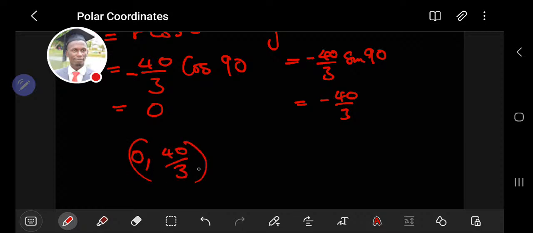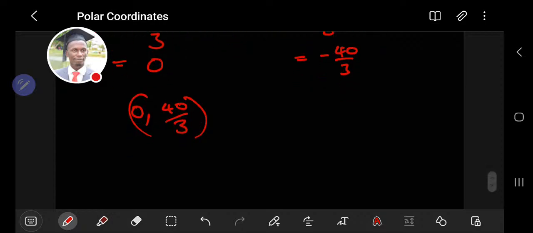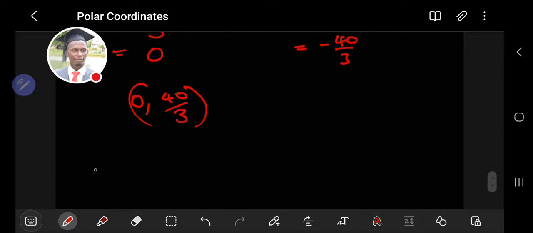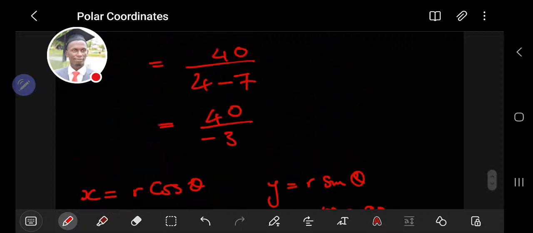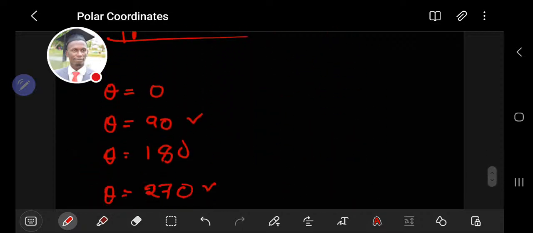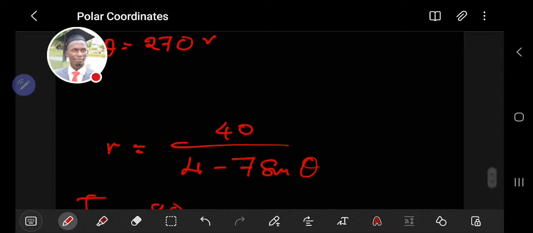That's the first one. Remember, this approach gives us the vertices. What about the other one? For the other one, we're going to do theta equals 270. So see again how I pick them. If I'm dealing with a conic that has sine, I deal with 90 and 270. If I'm dealing with a conic section that has cos, I'll go with 0 and 180.